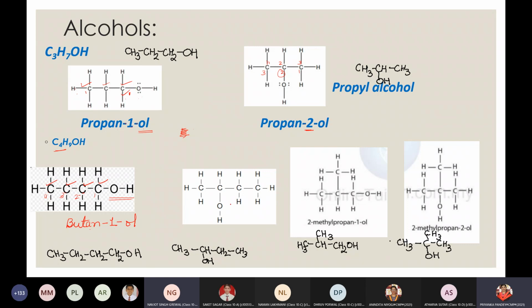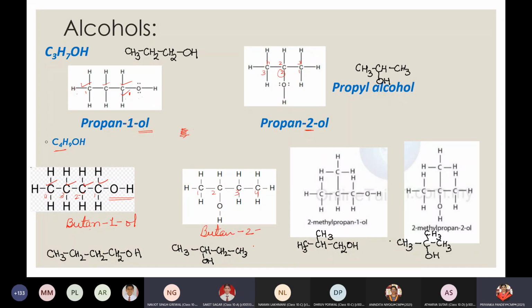What about this carbon? Saket, you can answer this question. If I'm going to have 1, 2, 3, 4 carbon atoms. Yes, ma'am. So butane-2-ol. Butane-2-ol, 1, 2, 3, 4.